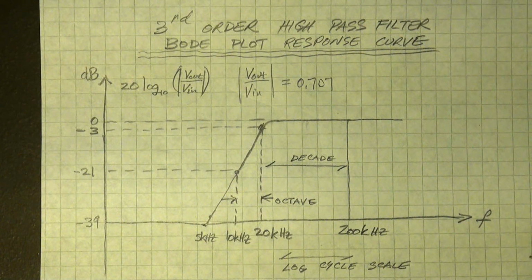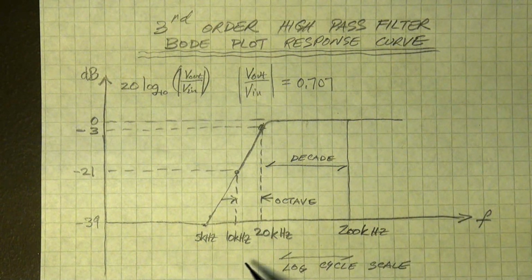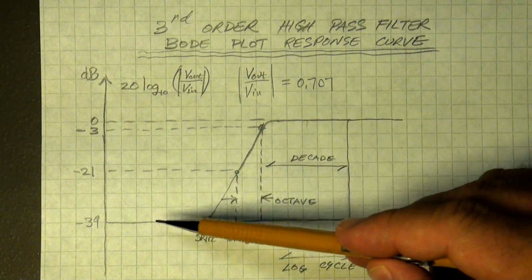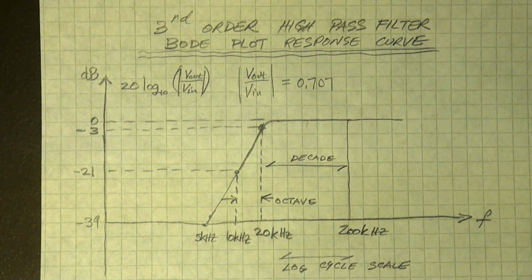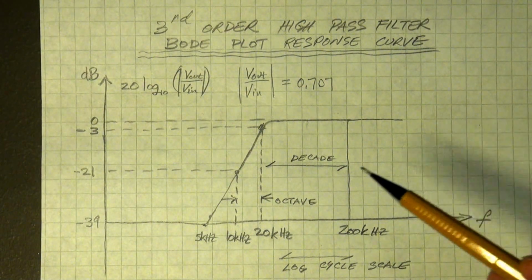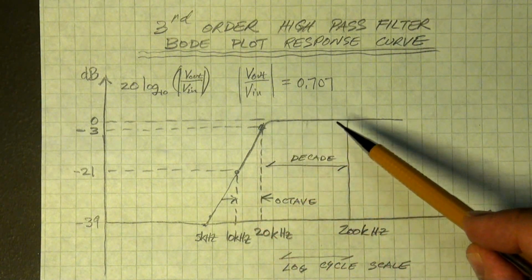A Bode plot is basically a plot where the horizontal axis is on a log cycle scale, and you can also choose the vertical axis to be log cycle, base 10 log, and you'll get a curve that looks like two straight lines.